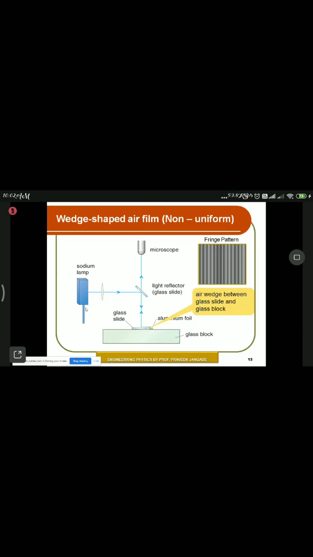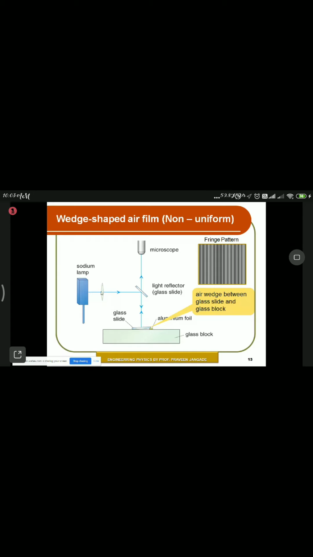The broad source of light is incident on the convex lens, which is placed in front of the sodium lamp. The purpose of this convex lens is to convert that extended source of light into parallel form.